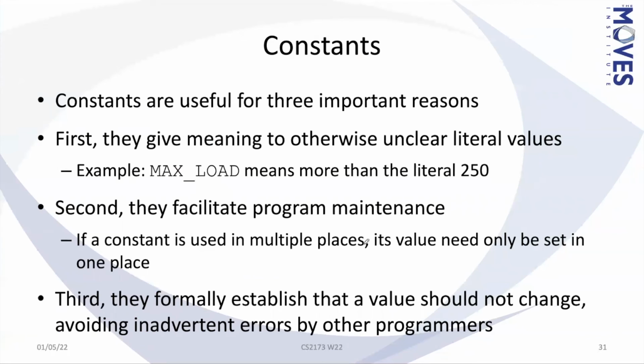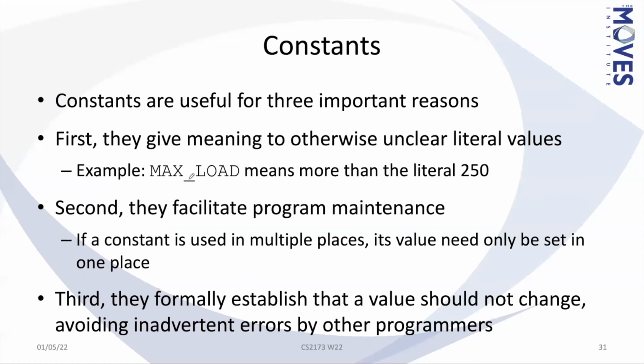Okay, so what is the utility of that? One is that you want to avoid, to the greatest extent possible, sprinkling your code with magic numbers embedded within the code.